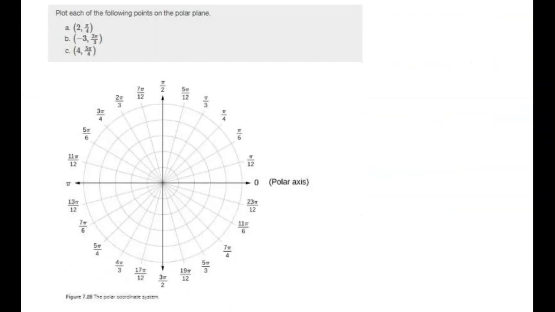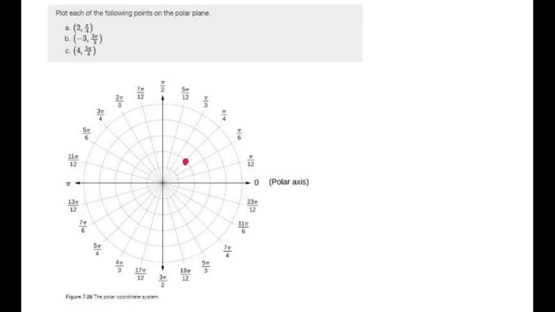All right, so now let's plot these on the polar coordinate system. So if I'm looking at the point 2 and then pi over 4, that's going to be this point right here. All right, negative 3, 2 pi over 3.